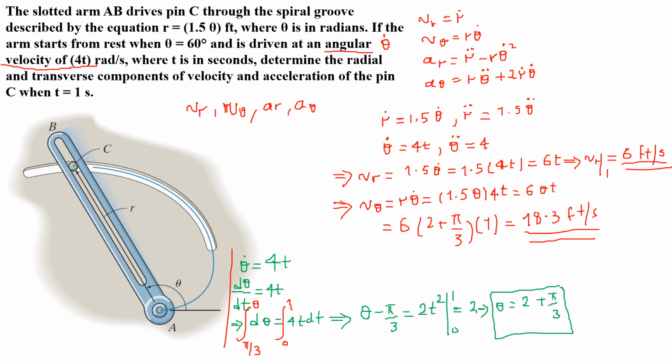Now let us look at the acceleration, a_r and a_theta. Now a_r is simply r double dot minus r theta dot square equals, now we have found r double dot to be 1.5 theta double dot minus r, which is just 1.5 theta, and theta dot square.